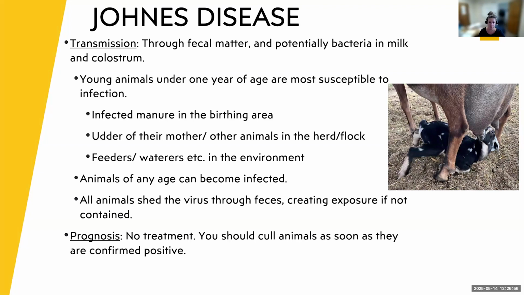If there's any manure in that area when their body's very receptive to new pathogens, that's how it gets into their system. Also, from the udder of not only their mother, but others in your herd, they'll go nursing other animals and contract it that way, as well as through your feeders and waters in the environment.